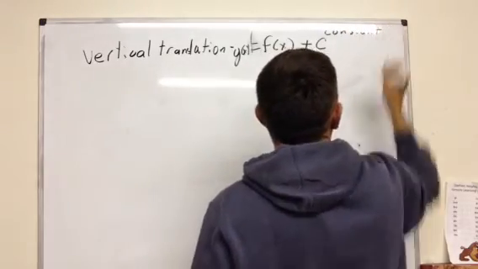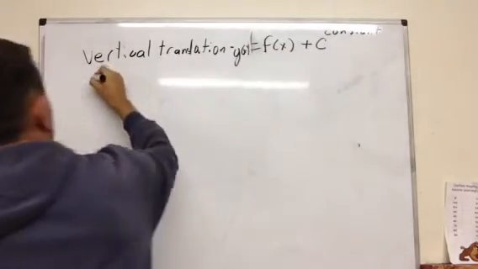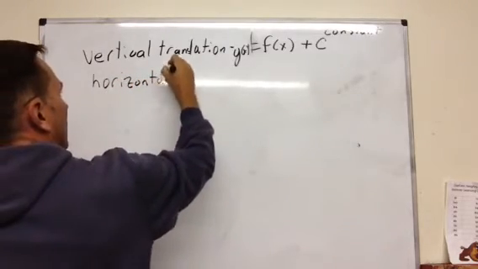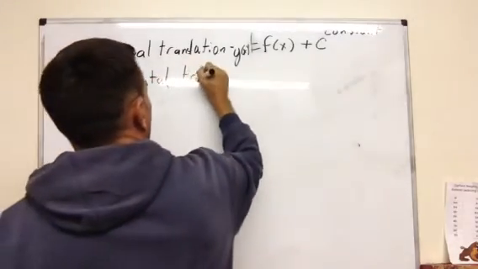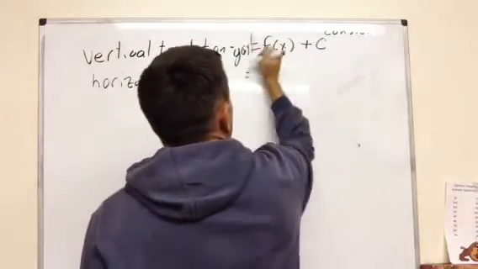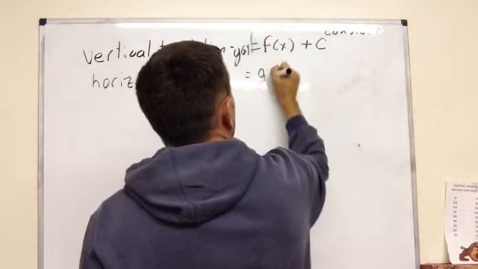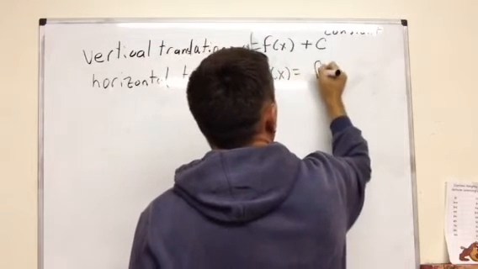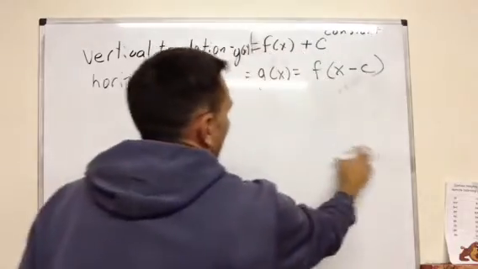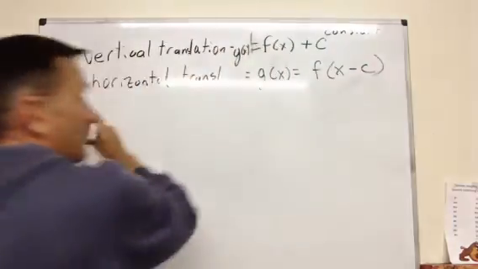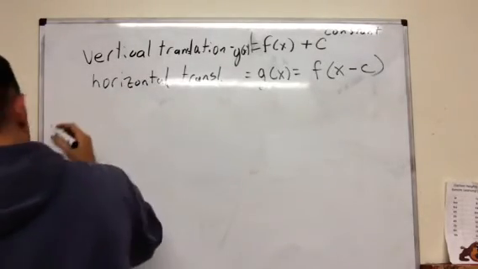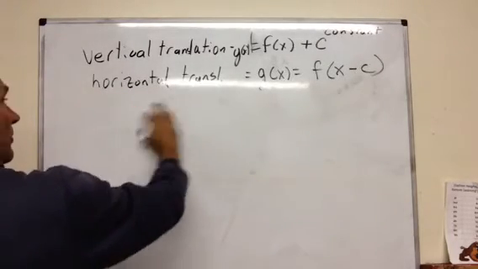Some number we're adding or subtracting. If it's a horizontal translation, g of x will equal f of x minus our constant. Remember, if it's a negative number, it makes it go to the left and then become a plus. So that's what we covered the first video.